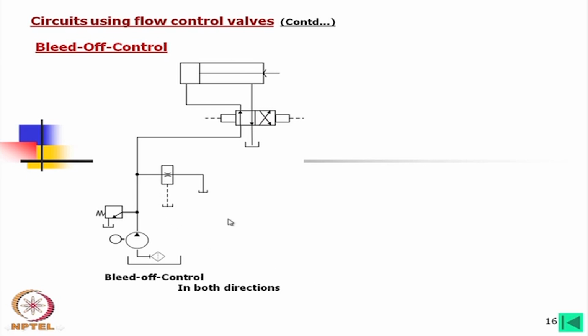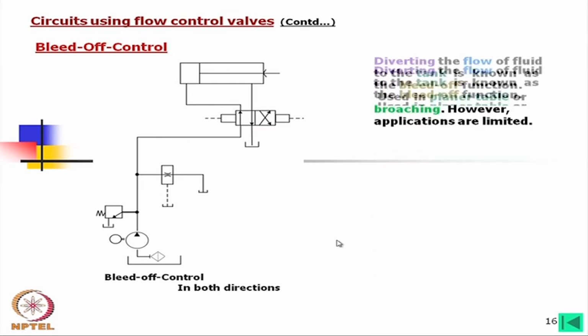What we do here, instead of controlling the incoming flow, is control the drain flow. Diverting the flow of fluid to the tank is known as the bleed off function, used in planer tables or broaching machines.